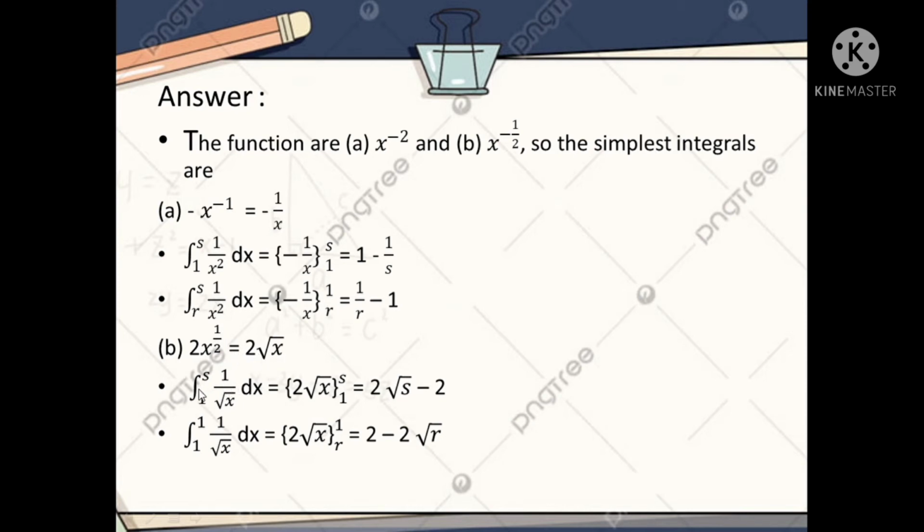The integral from 1 to s of 1 over root x dx equals 2 root x from 1 to s, equals 2 root s minus 2, and the integral from r to 1 of 1 over root x dx equals 2 root x from r to 1, equals 2 minus 2 root r.